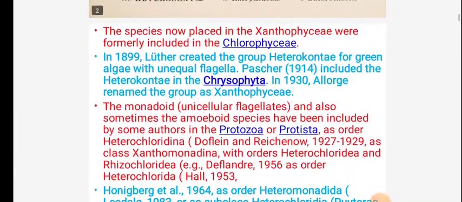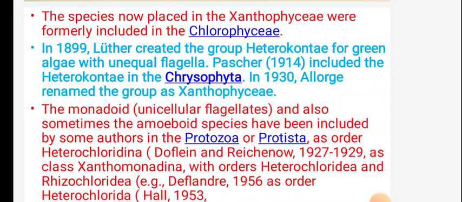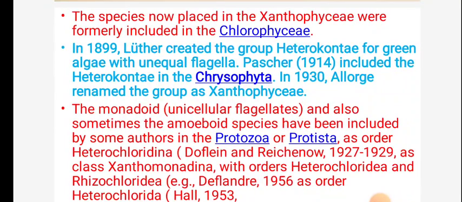The species now placed in the Xanthophyceae were formerly included in the Chlorophyceae. In 1899, Luther created a group as Heterocontae for the green algae with unequal flagella. Pascher in 1914 included the Heterocontae in the Chrysophyta.